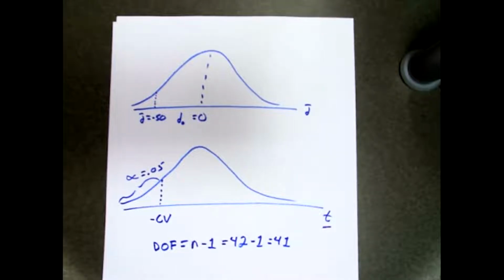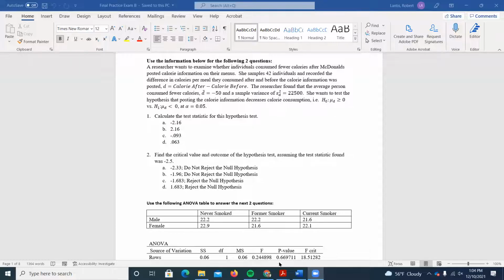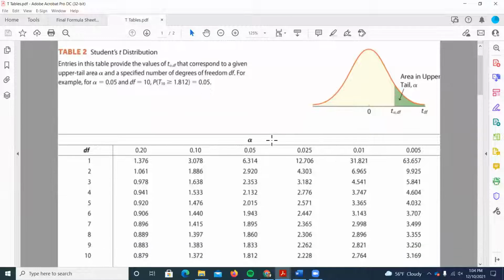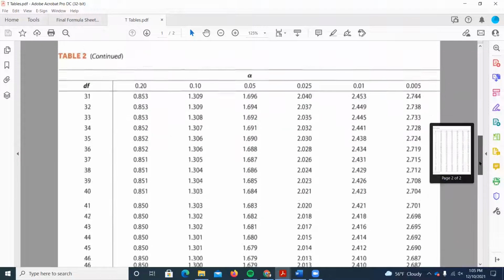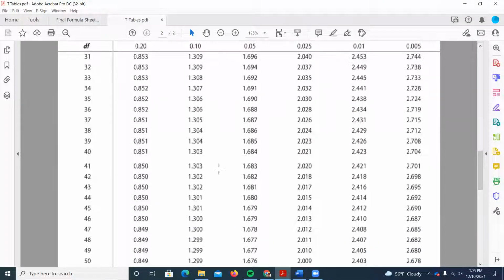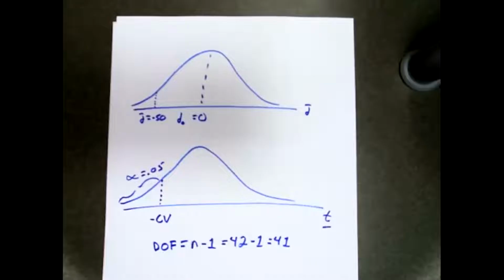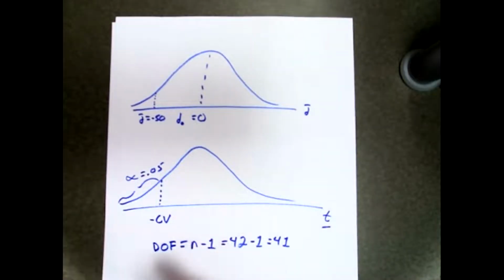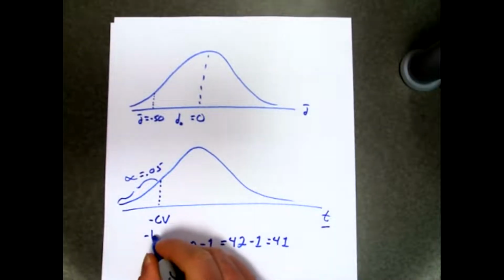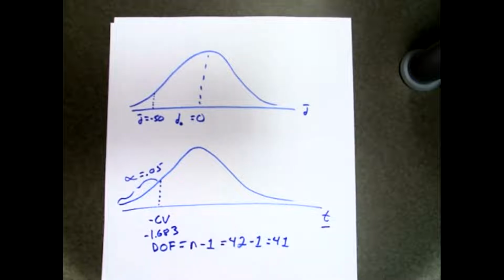Okay, so we'll go to that t table. We wanted 0.05 in the tail at a degrees of freedom of 41, so 1.683. However, the student t table always is looking at the right side of the distribution. We wanted the left side, so it's going to be that same value, but negative.